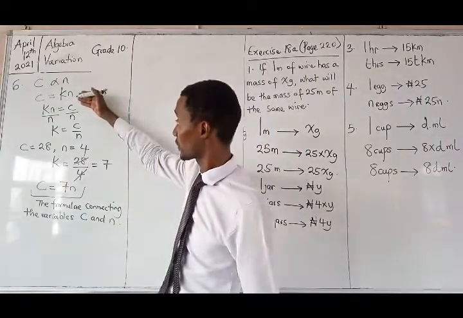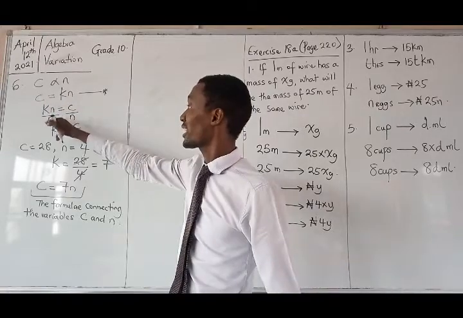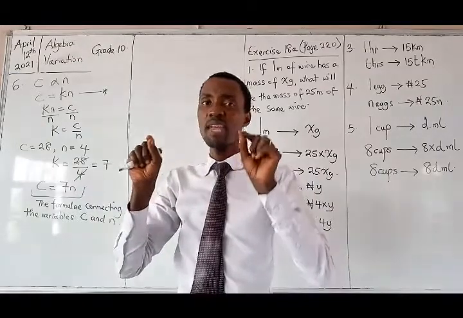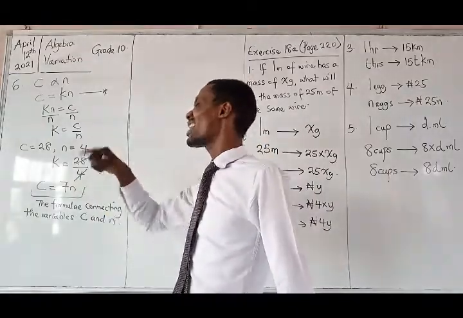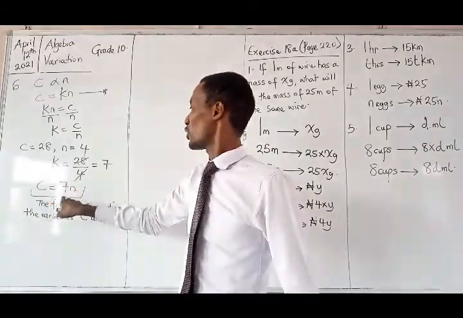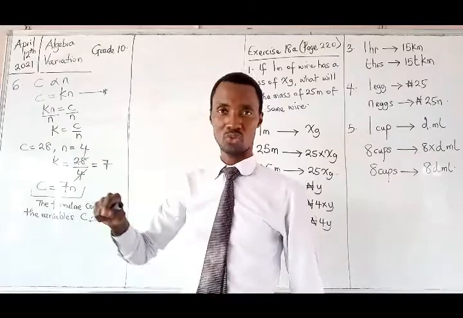See what we've done? We started by trying to convert to an equation form, and after that we tried to obtain k. Usually the next statement made in the question is to enable you obtain k. Once you obtain k, you now have what is called a formula that you can always use.